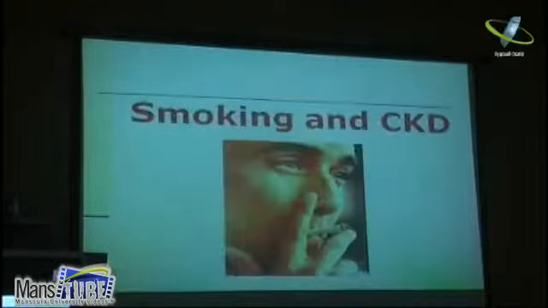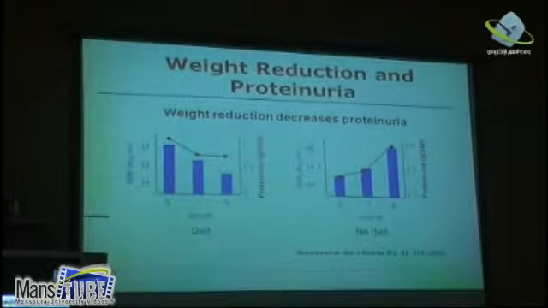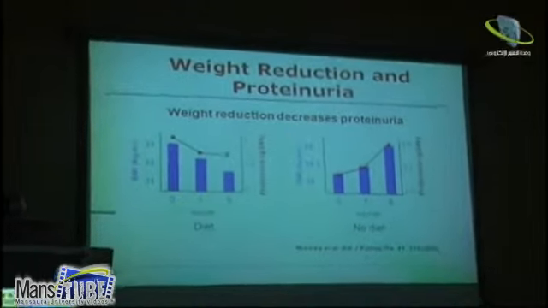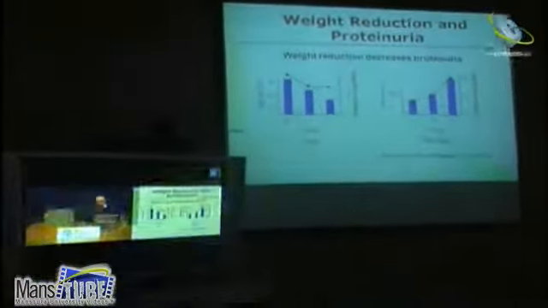So this is the first part of the risk factors. Do you want to comment, Professor Meguid? No, again, it's interesting. The last slide you showed is very interesting, linking obesity to CKD and proteinuria.